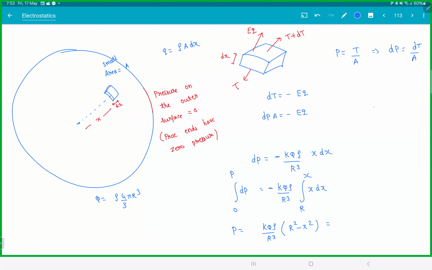This is 1 by 4 pi epsilon. You'll get rho square by r cubed, 4 by 3 pi r cubed. 4 pi will cancel. You get a good answer, right? Rho square by 3 epsilon, r square minus x square. I think that's an answer.